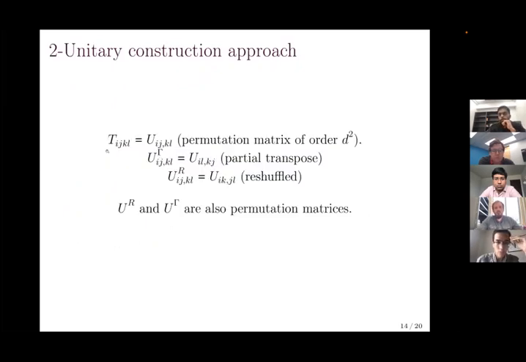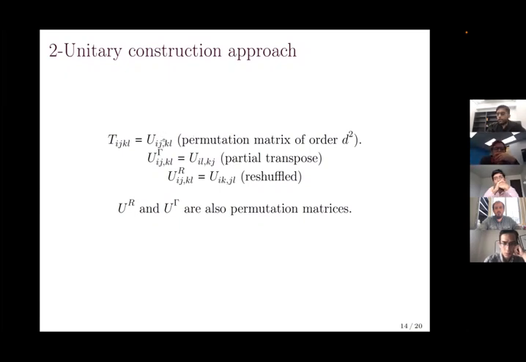For these coefficients Tijkl, they define a matrix of size d square by d square, where they rearrange it so that the row number of the matrix depends on the indices I and J, and the column number depends on the indices K and L. So you get a matrix of size d square by d square from this tensor of size d to the 4, basically.